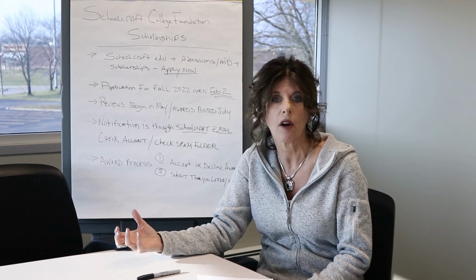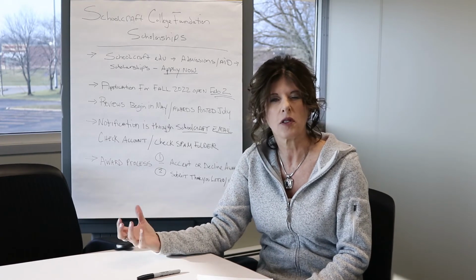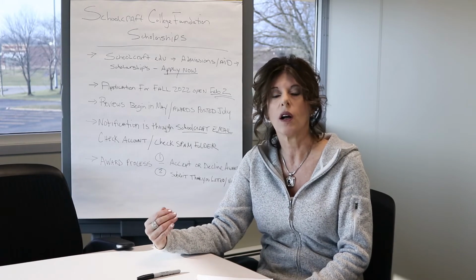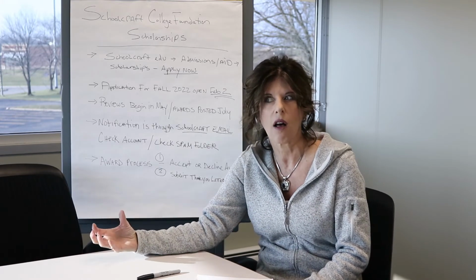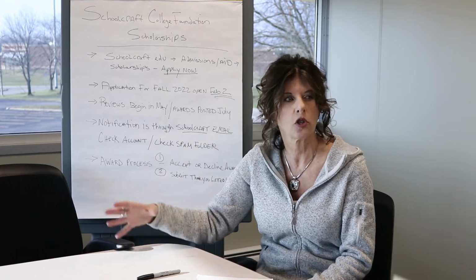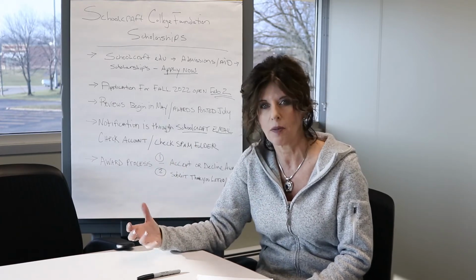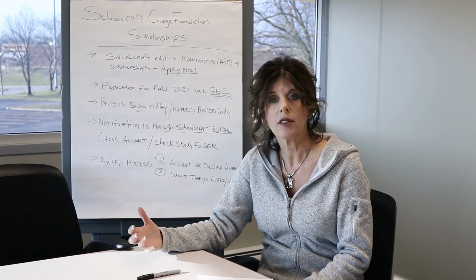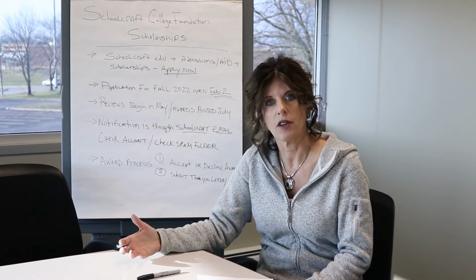Let's say it's something about English. If the system picks up that English is mentioned, then it may say, oh, all right, we have all of these scholarships that have something to do with English, and we're going to start sorting and matching you with the best possible scholarships within the system. So there is automation that happens on that end of it.